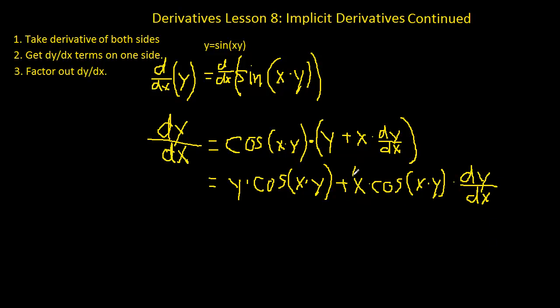So now what we're going to do is take this term by itself and subtract it and move it over to this side along with the dy by dx over here.